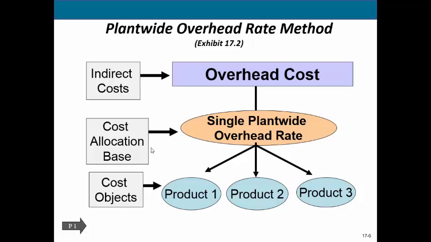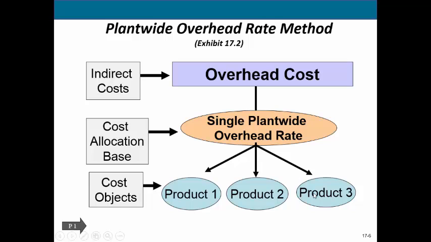So let's say that our total overhead for the year was $100,000, and we're applying our overhead based on labor hours. Let's say that we think that we will have a total of 100,000 labor hours for the year. We will apply our overhead based on how many labor hours each product uses.